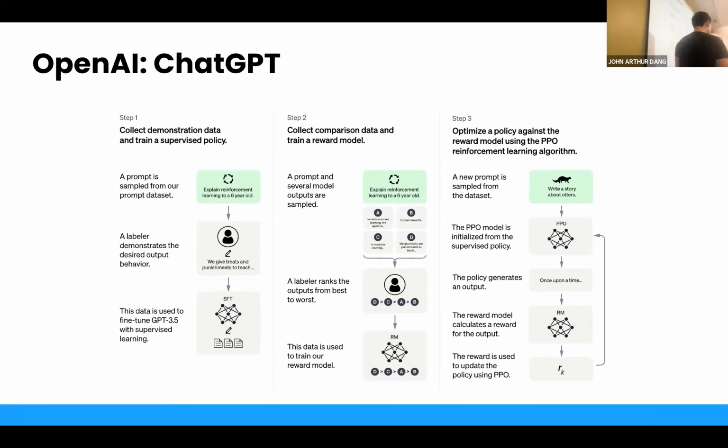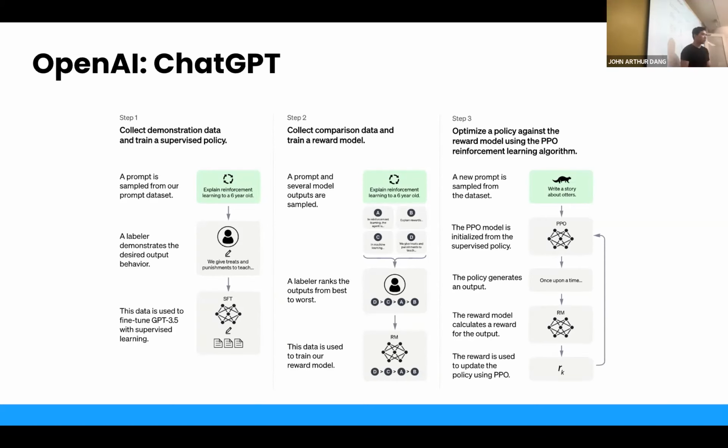And then finally, in step 3, we're going to use a reinforcement learning algorithm, in this case, proximal policy optimization, which, as I mentioned earlier, is a more advanced version of policy gradients or REINFORCE, which we went over earlier, in order to optimize the language model to produce responses that maximize the reward that it gets. And as I mentioned before, the reward is defined by the neural network trained in step 2. So let's go into more depth on all three of these steps.